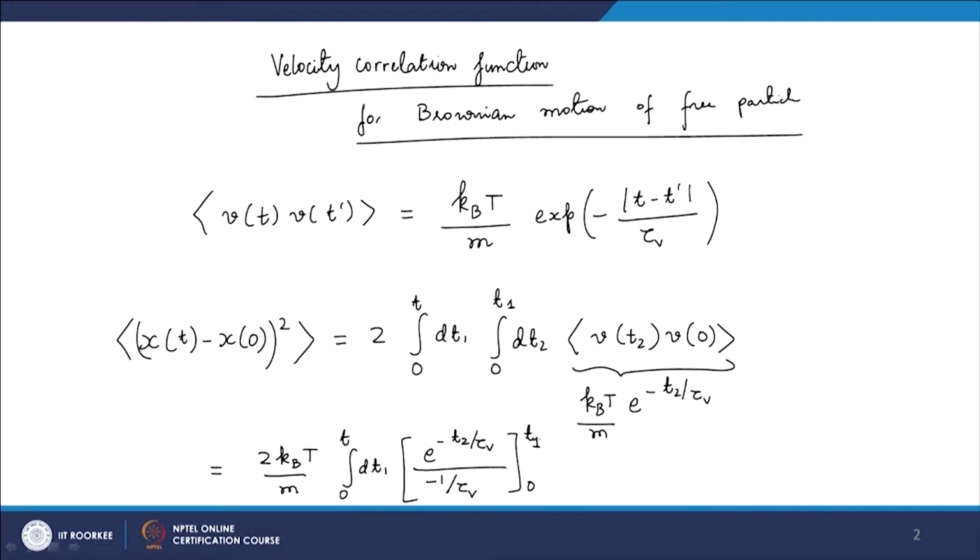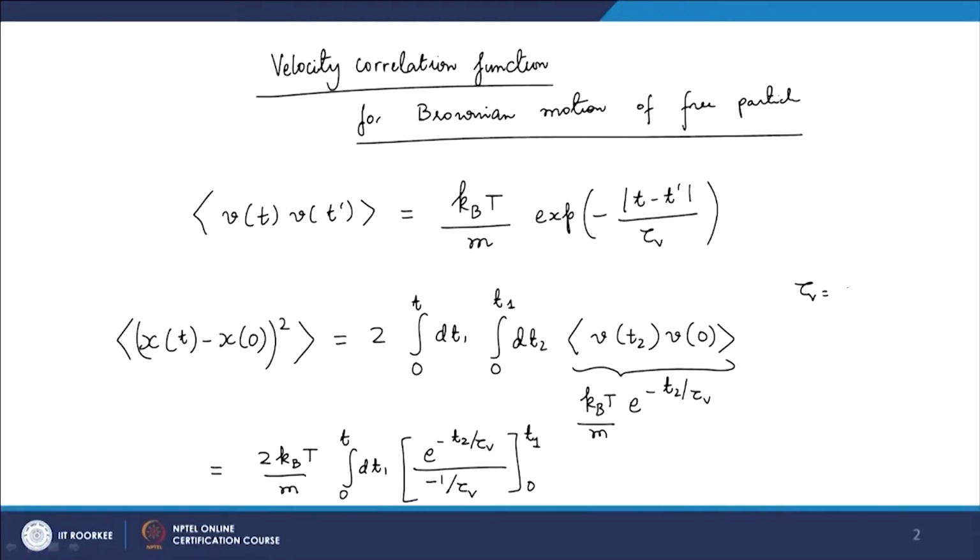Now, there is a small detail here, or an assumption that we make. If I look at tau v, it is m by zeta. This is some sort of a time scale that characterizes the dissipation, to be more specific, because we are dividing the mass by the friction coefficient.